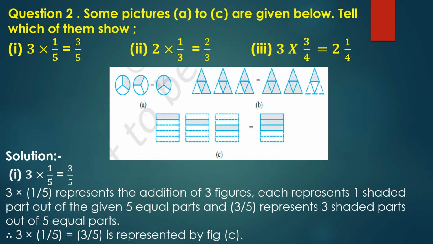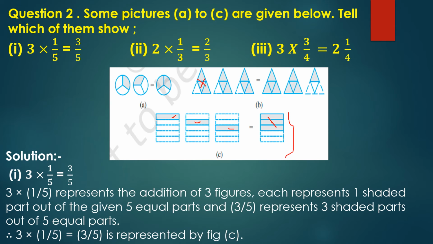So here 3 parts are shaded, so this is not the answer. So here 1 part is shaded in each. So our LHS is matching, which is equal to 3 by 5. 3 by 5 means 3 shaded parts out of 5 equal parts.